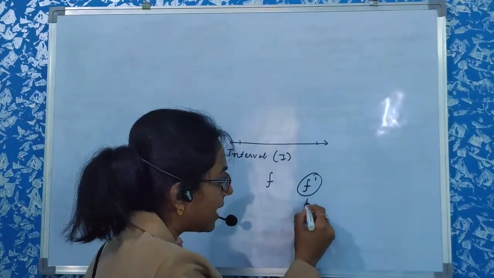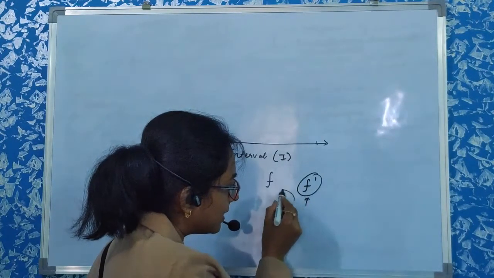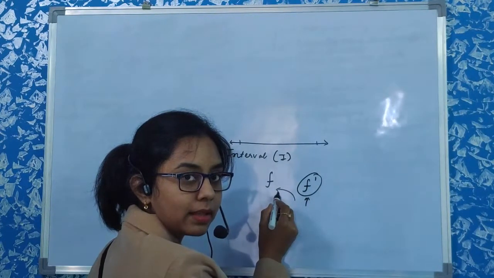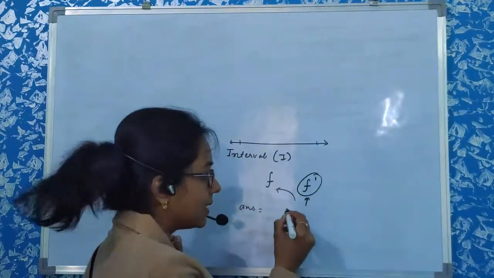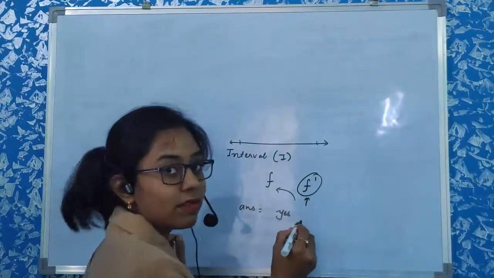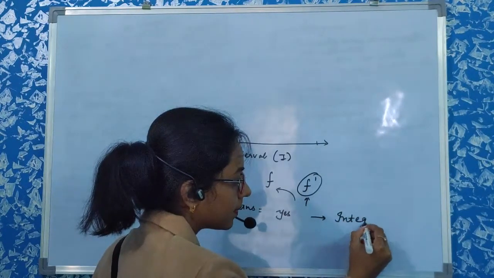If f dash exists, can we get this function back? The answer is yes, we can get the original function back, and that is through integration.